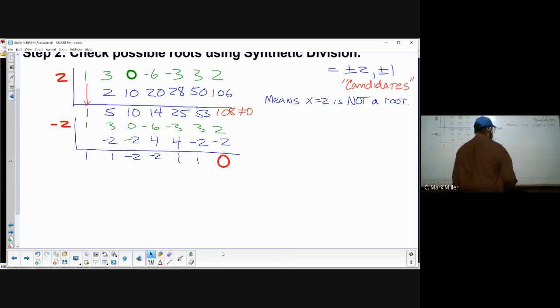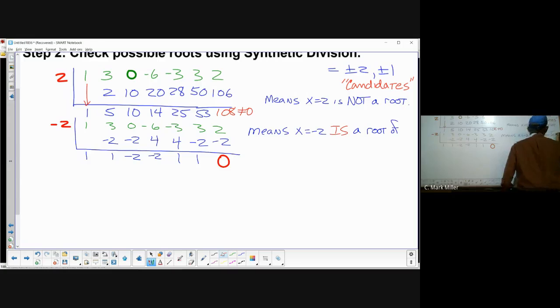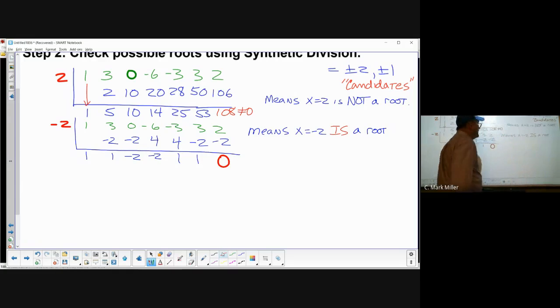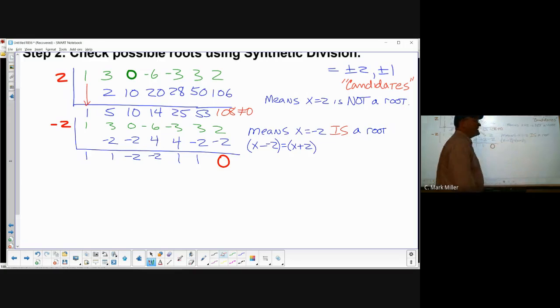Means x equal -2 is a root of our function, of what we're trying to factor. Anything that's a root, x minus that is a factor. So x minus -2, which equals x plus 2, is a factor.